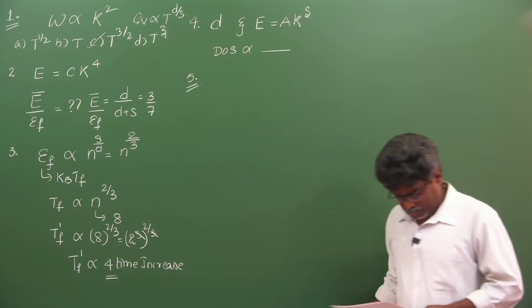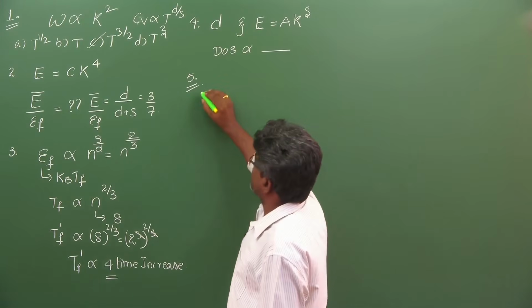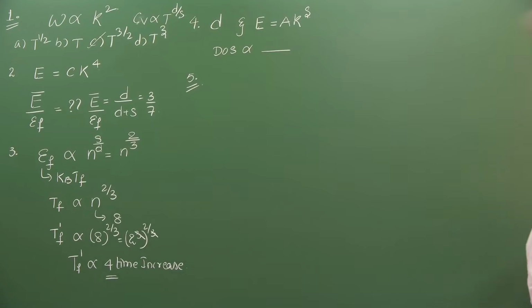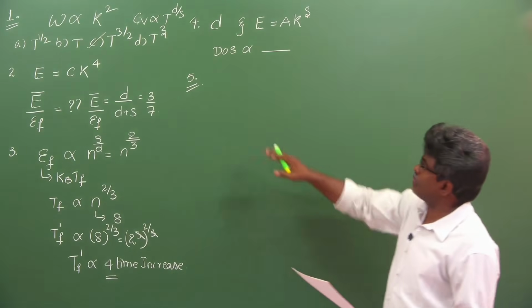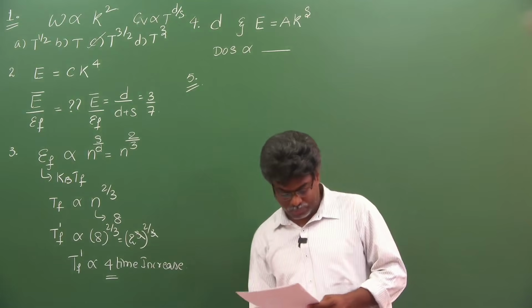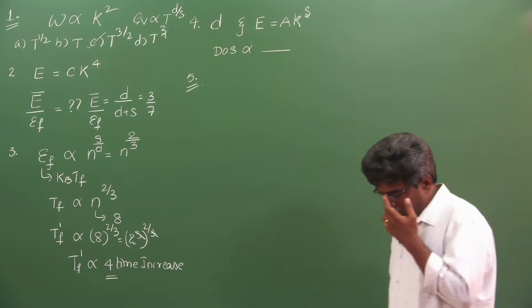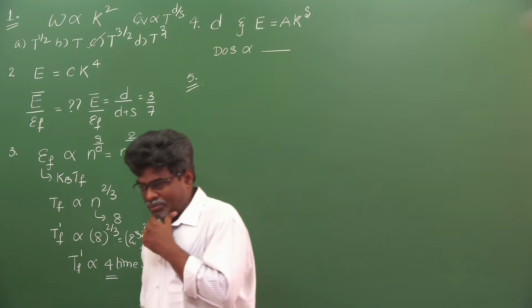Next one. This is December 2012 and this is June 2012. Next one, December 2012. The radius of Fermi sphere of free electrons, underline free electrons. Fermi sphere means 3 dimension.